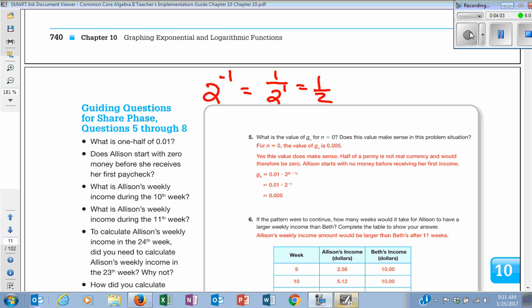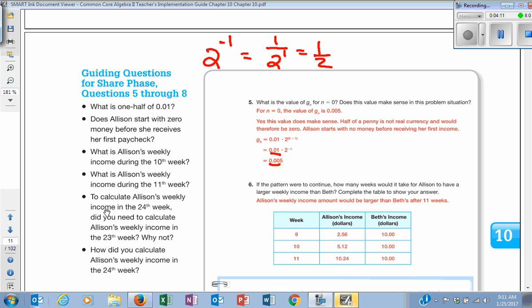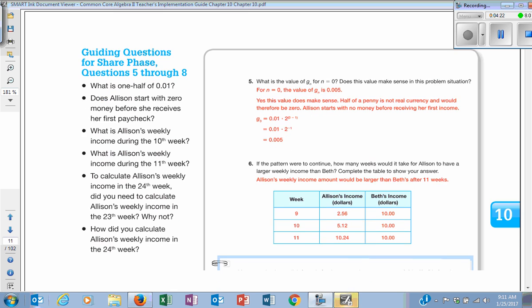Then you take a half, which is 0.5, and multiply it by this number, and that's where they got this number from. Which doesn't make sense, because it means that before she's even worked, technically she's made some money. We understand that money is so minute, it's not even a penny, but that's what they're showing you.